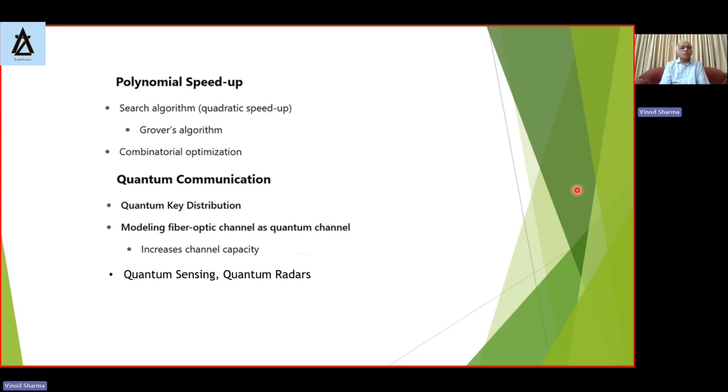This is called quantum key distribution. Using this, we can provide a private key between two users on a public channel. So this helps in cryptography via quantum information processing.